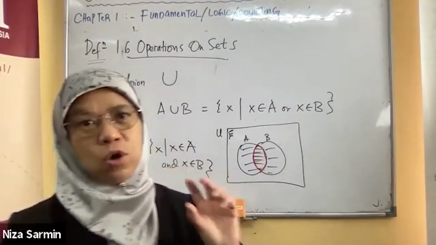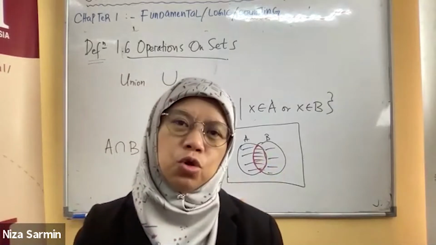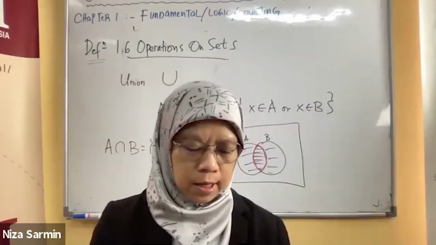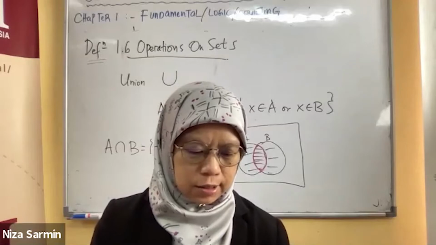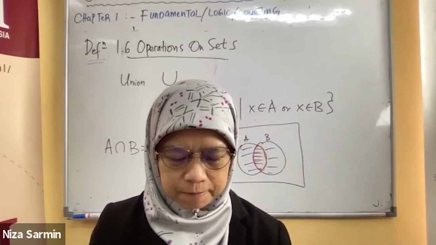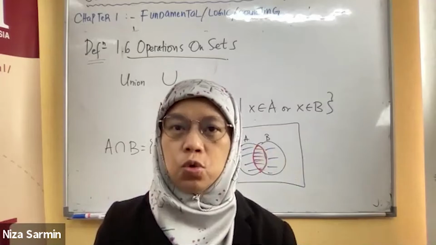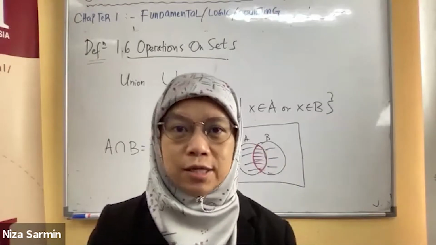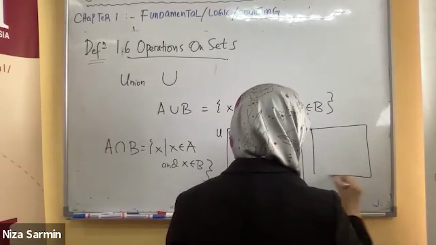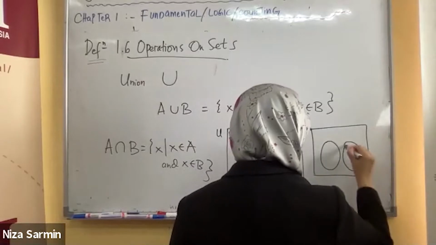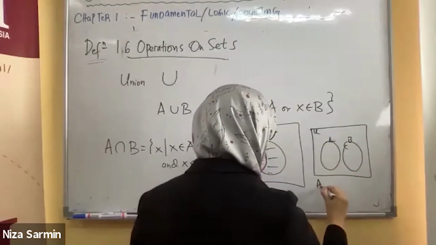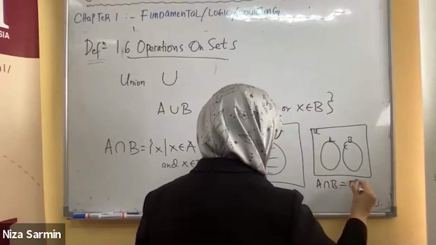When you have a common element, you don't write it twice. Okay, and then there's more examples there, right? If you have no intersection, like this, A intersection B is an empty set.